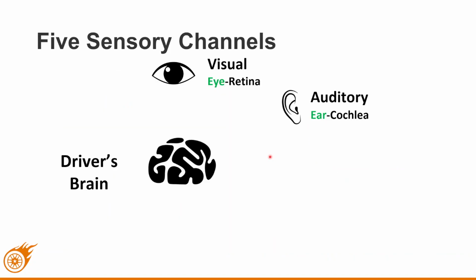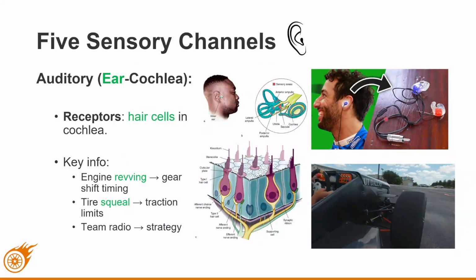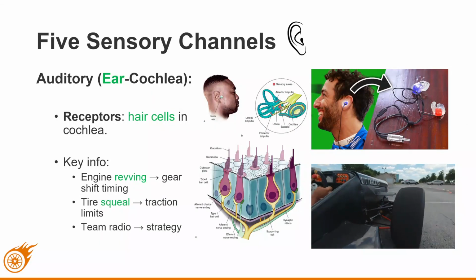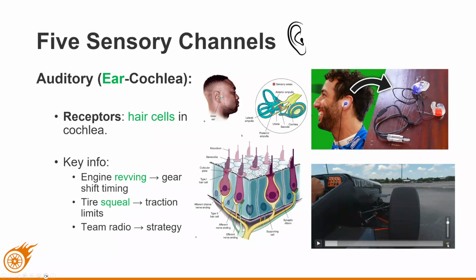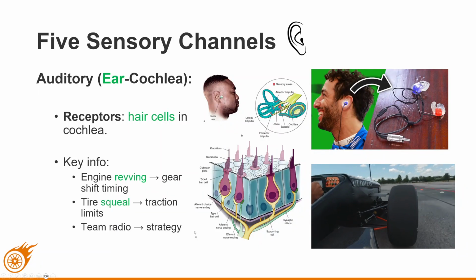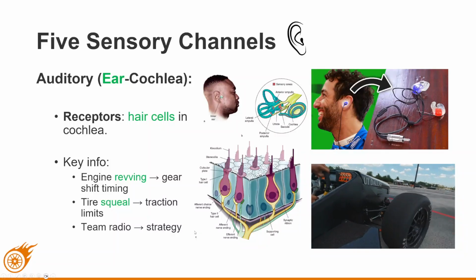The next sensory channel is auditory, from the ears or cochlea. So your ears, the hair cells in the cochlea of your ear are detecting sound.